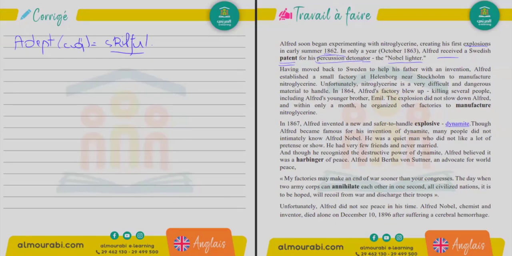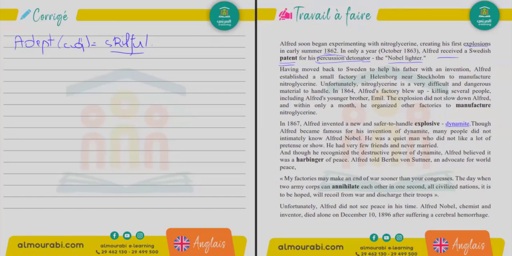Having moved back to Sweden to help his father with an invention, Alfred established a small factory at Hellenborg, near Stockholm, to manufacture nitroglycerin.